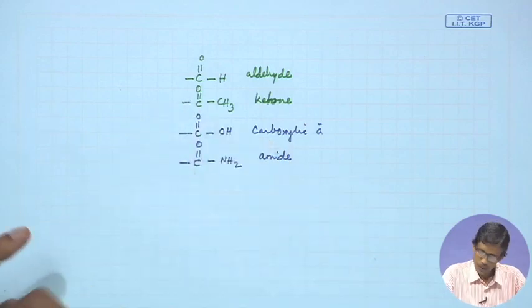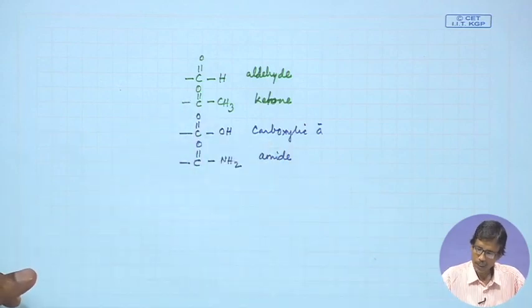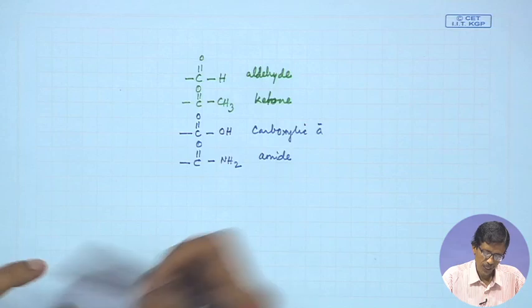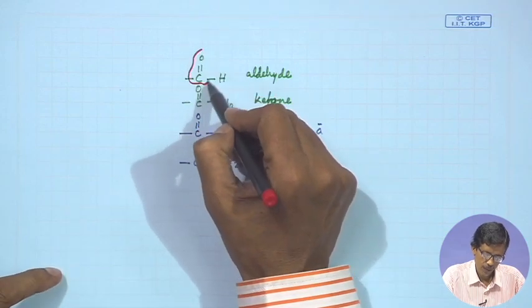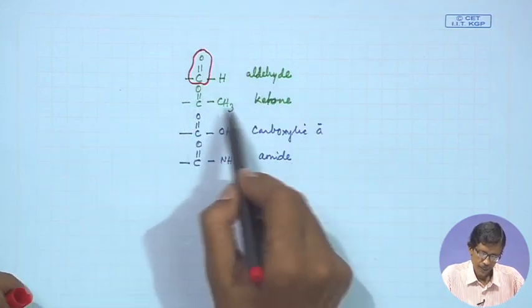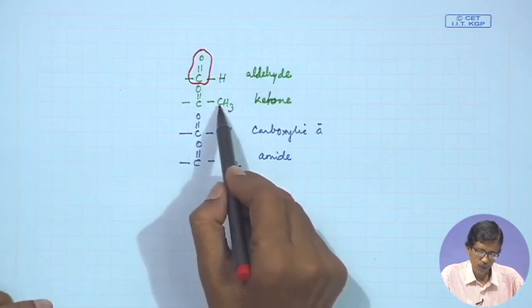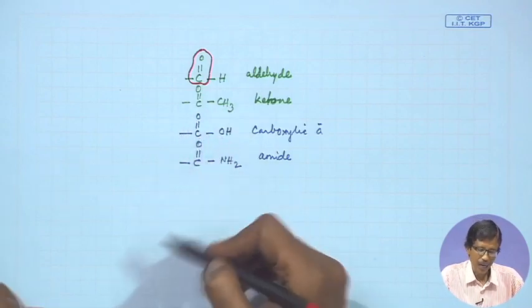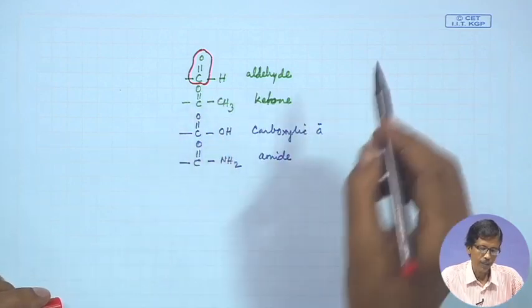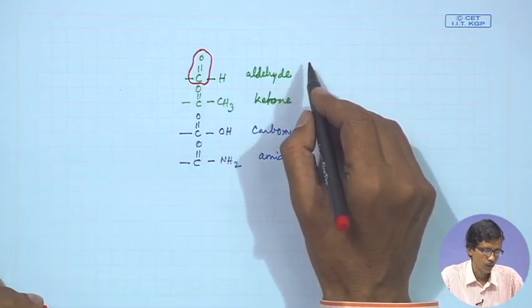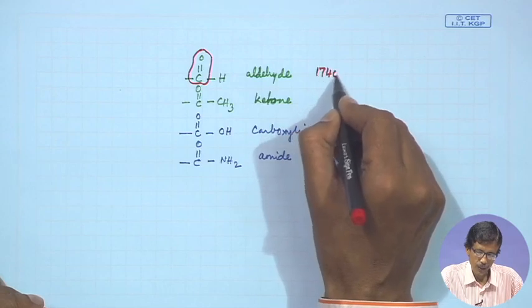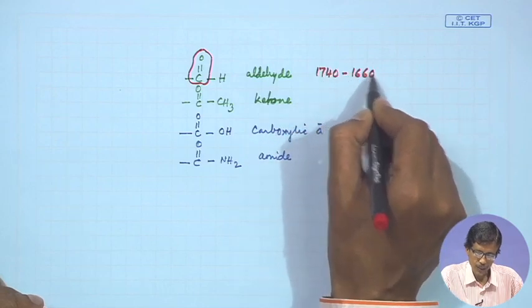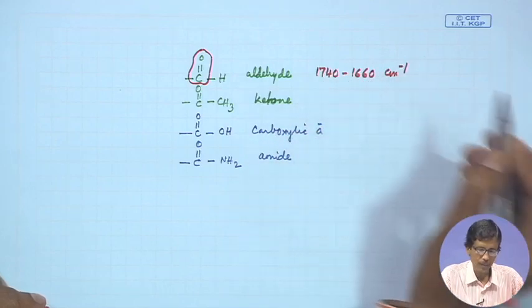So, we try to see the main function, that means the CO function, and its attachment of this carbon with either carbon or with oxygen or with nitrogen. That will slightly modify the basic value of this carbonyl function, which is 1740 to 1660 centimeter inverse.